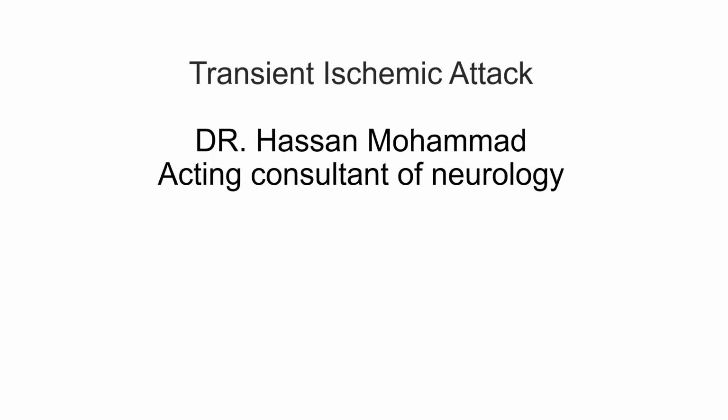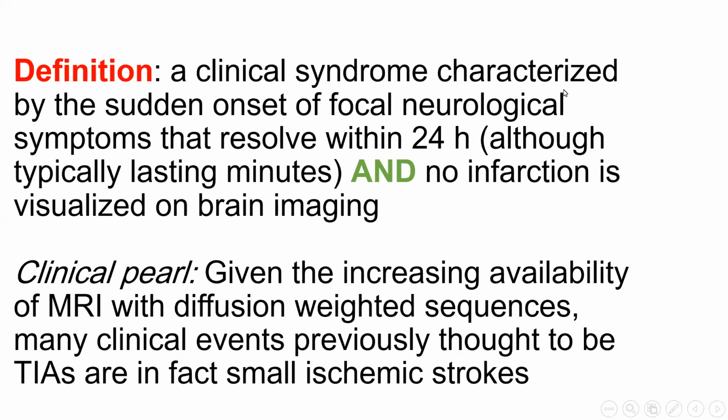All of us know the definition of transient ischemic attack. So the old definition, as you remember, is a clinical syndrome characterized by the sudden onset of focal neurological symptoms that resolve within 24 hours.